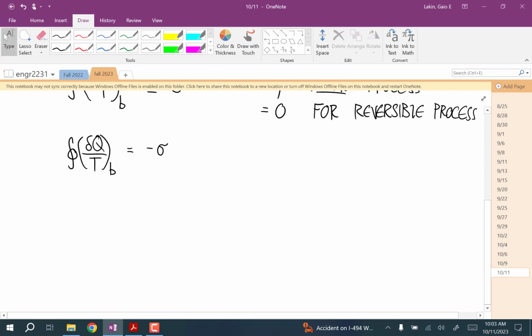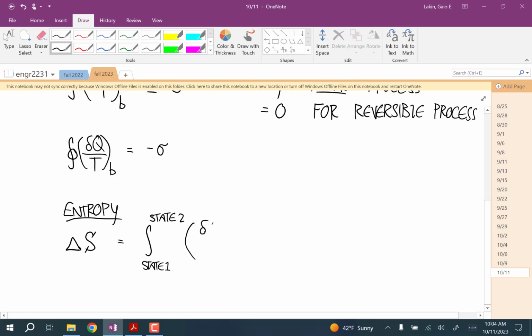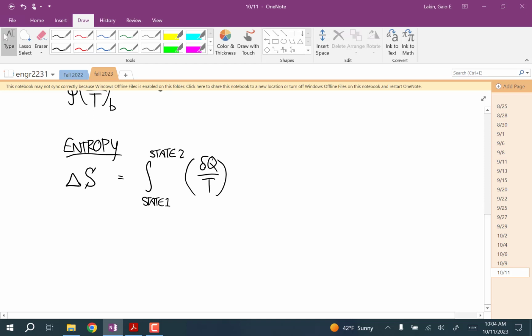That's different than the definition of entropy. The definition of entropy is that a change in entropy from state 1 to state 2 is equal to the integral from state 1 to state 2 of dq over T for an internally reversible system.